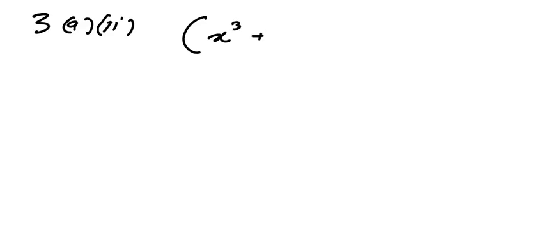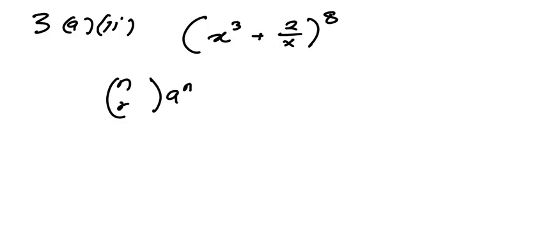So the expression is x to the power 3 plus 2 over x, to the power 8. We're going to use the formula for the nth term, which is n choose r, then a to the power n minus r, then b to the power r. This is equated to x to the power 0. If we get the r value, we can just add a 1, then we get the nth term.